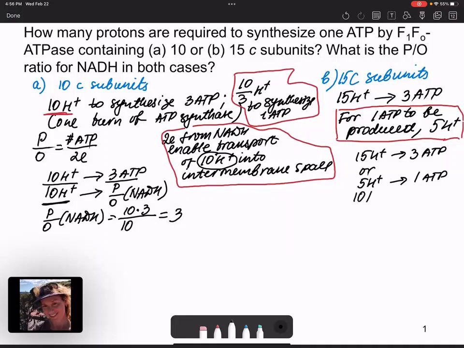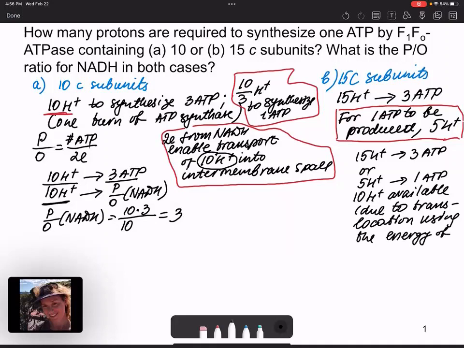So we have 10 protons available due to translocation using the energy of 2 electrons from NADH, right?